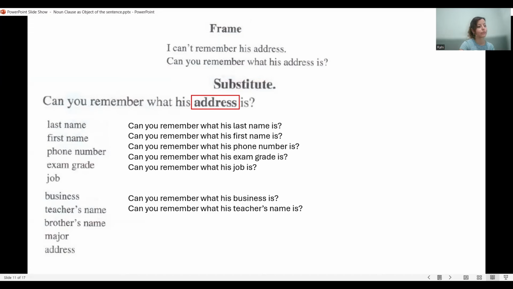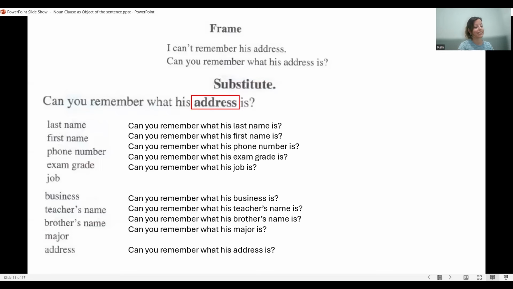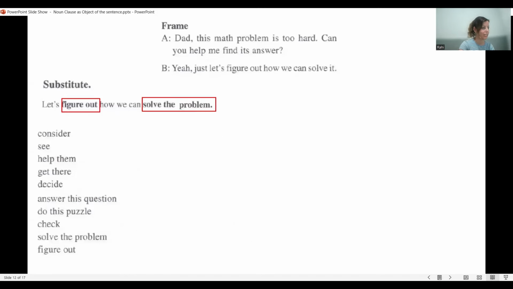Brother's name. Can you remember what his brother's name is? Major. Major means field of study. Can you remember what his major is? Address. Can you remember what his address is? Okay, I hope you answered correctly.